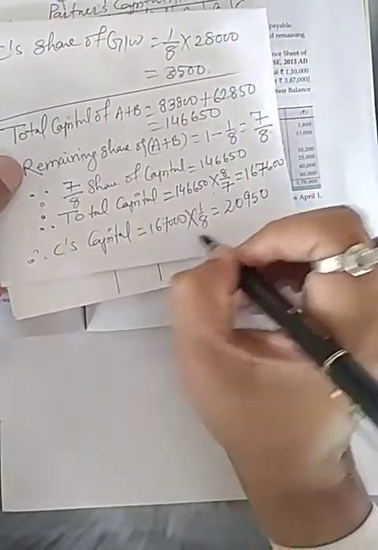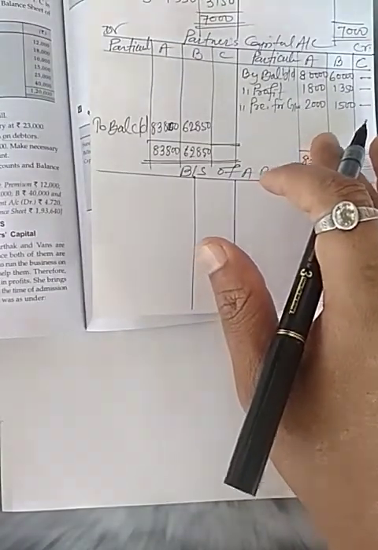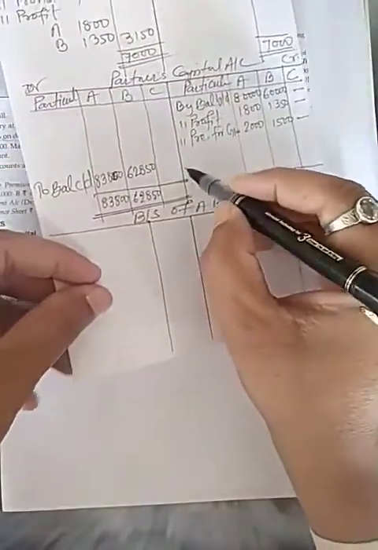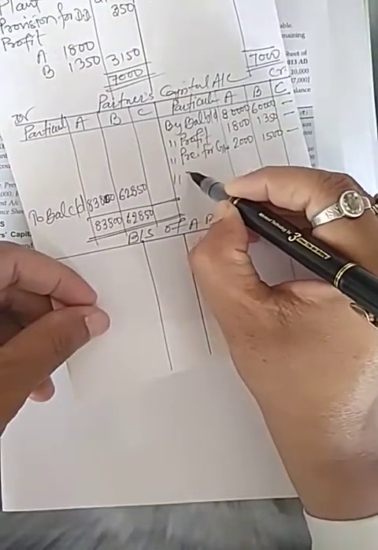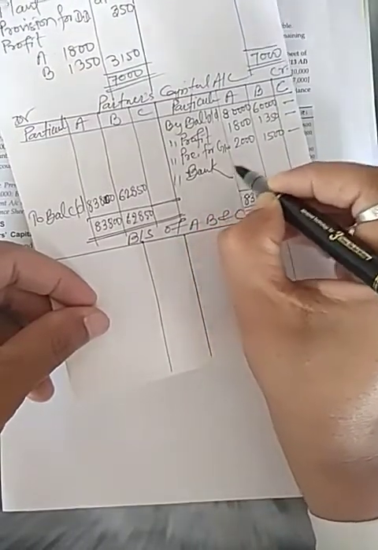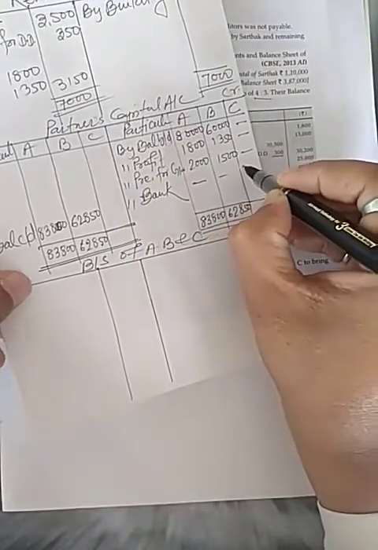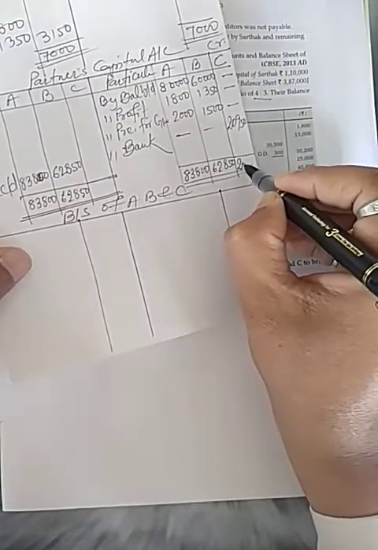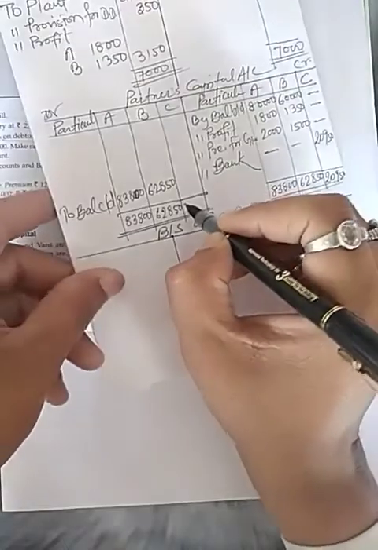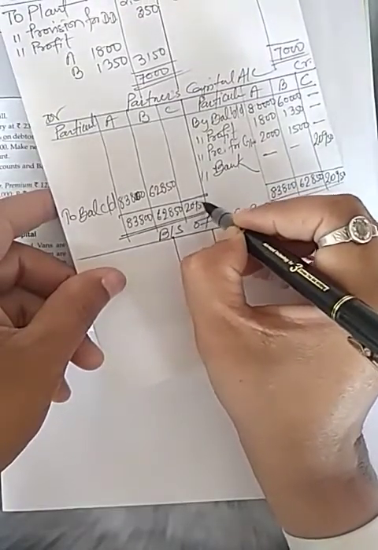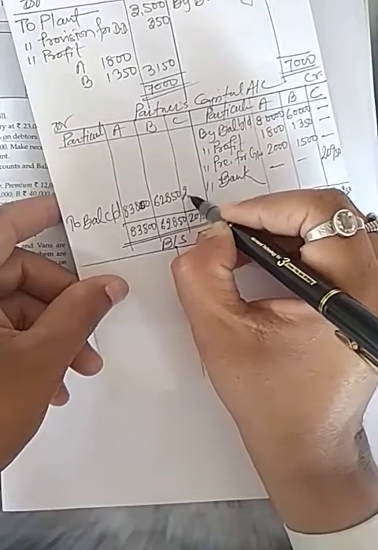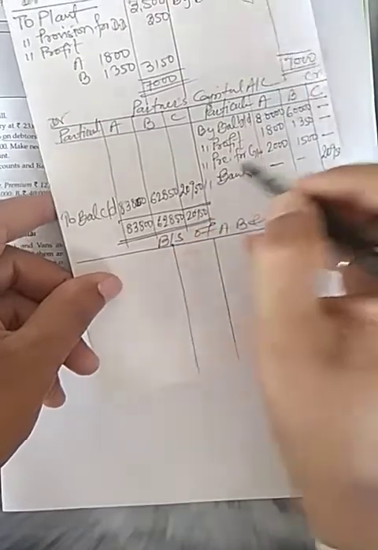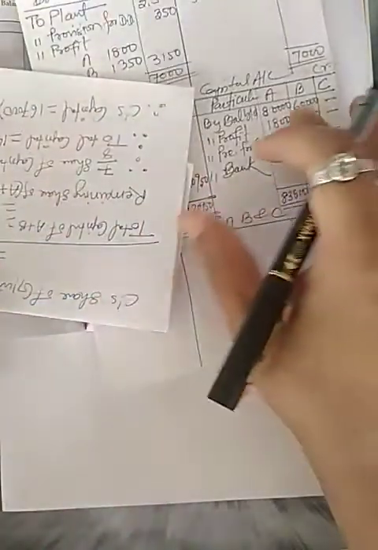So 20,950 will be transferred into C's capital account, and the bank account will be 20,950. Now I will balance it: 20,950, 20,950 and 20,950.